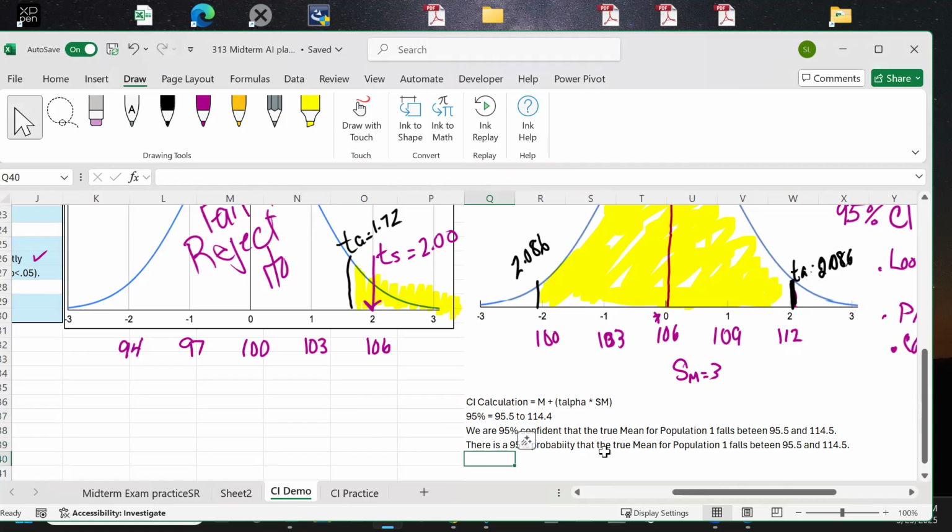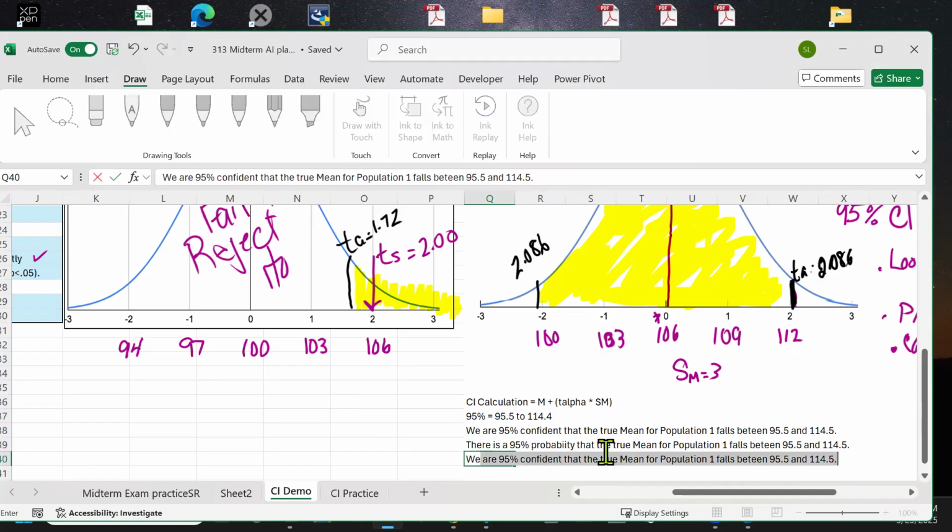And we also can't say something like this, we are confident that 95% of the sample means will fall within these intervals. We also know that we can't have that confidence because once again, we're building this around a mean that we don't know.